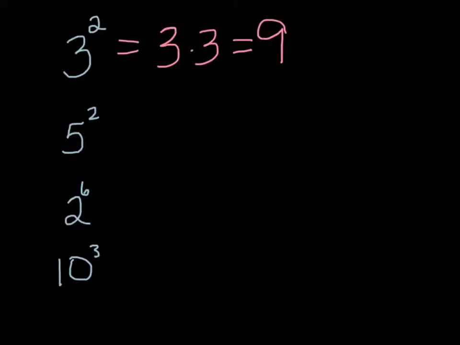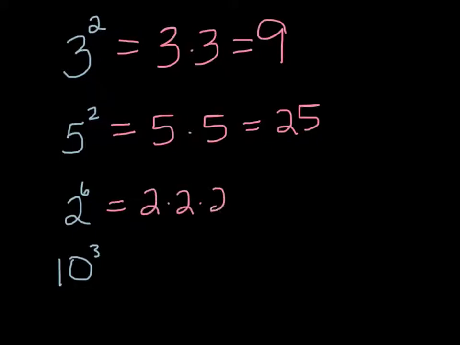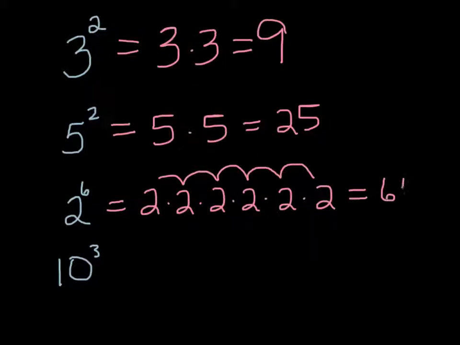They mess that up a lot. 5 to the 2nd power, or 5 squared, would be 5 times 5, which is 25. 2 to the 6th power is 2 times 2 times 2 times 2 times 2 times 2. 2 times 2 is 4, times 2 is 8, times 2 is 16, times 2 is 32, times 2 is 64. And this would be 10 to the 3rd power, or 10 cubed, and that means 10 times 10 times 10, which is 1,000.